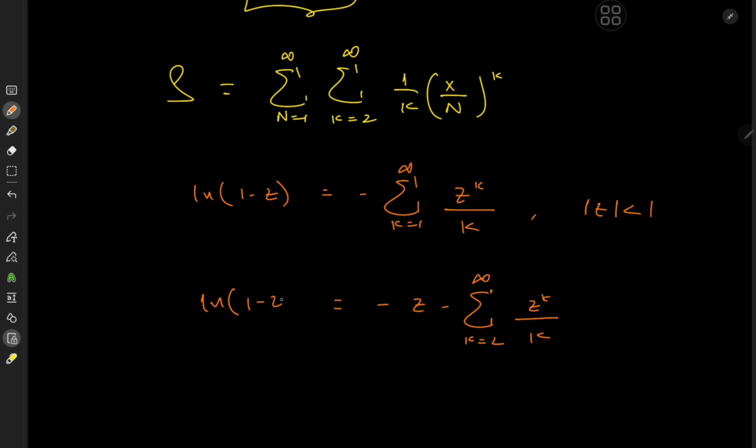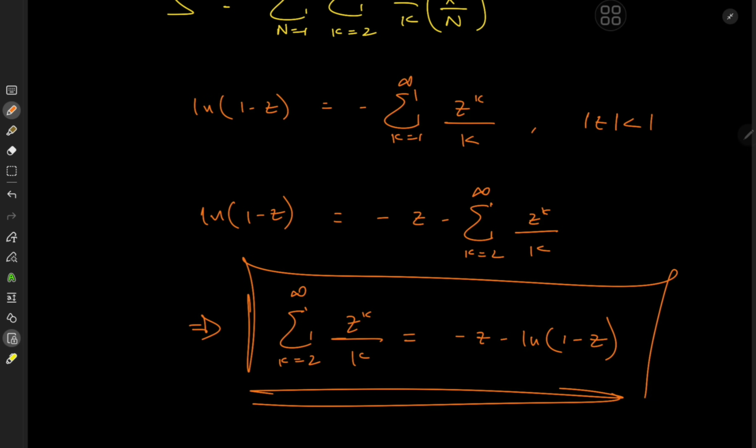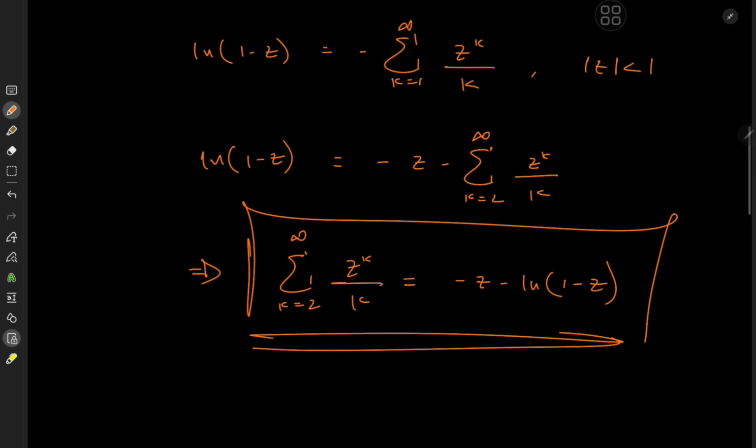This thing equals log(1 - z), and this implies that the sum over k from 2 to infinity of z^k/k equals negative z minus log(1 - z), with z, of course, in our case being equal to x/n.